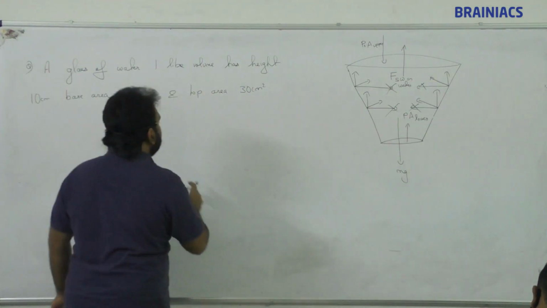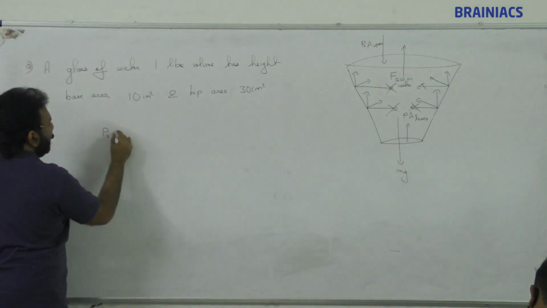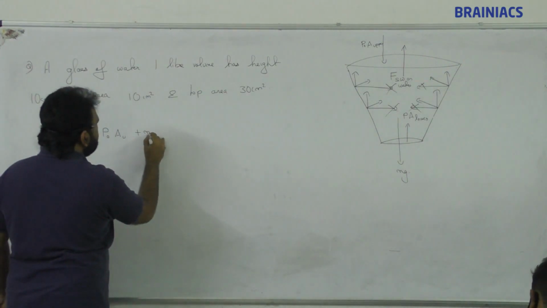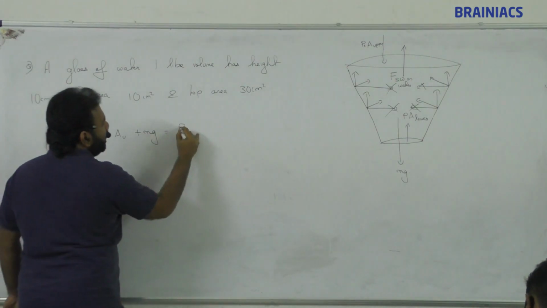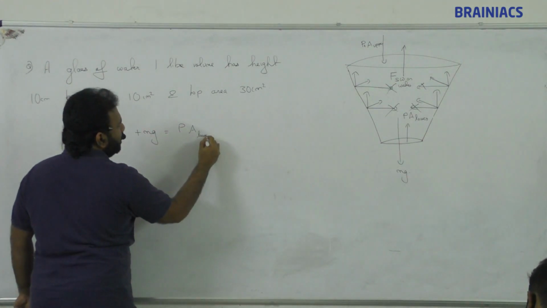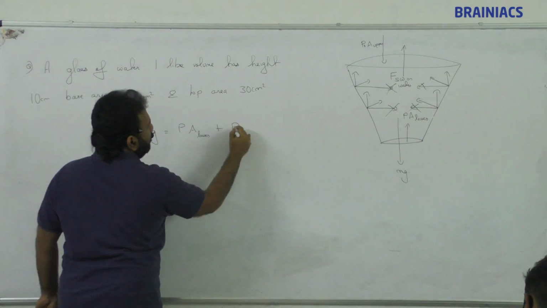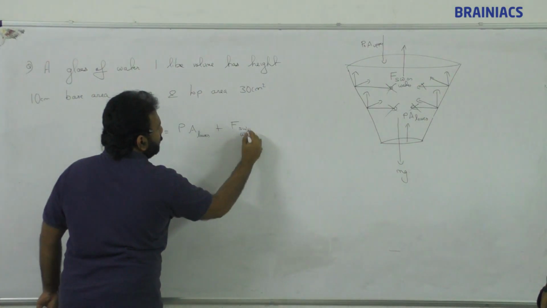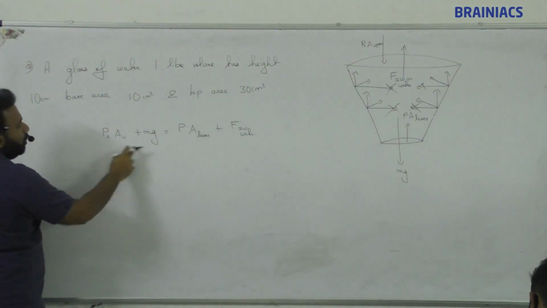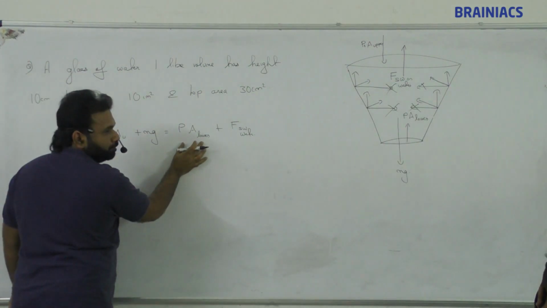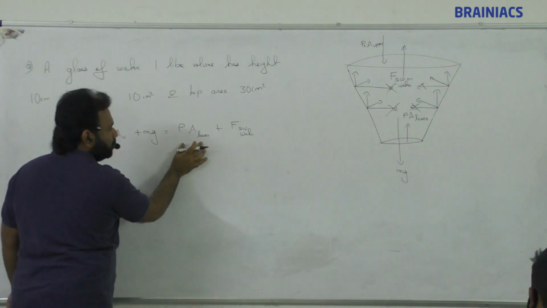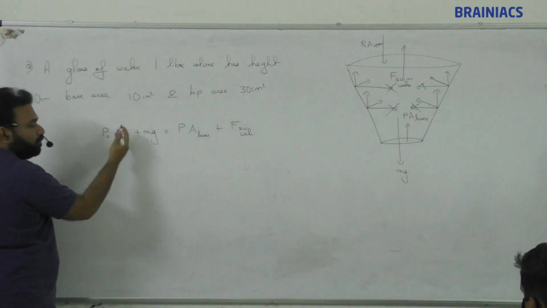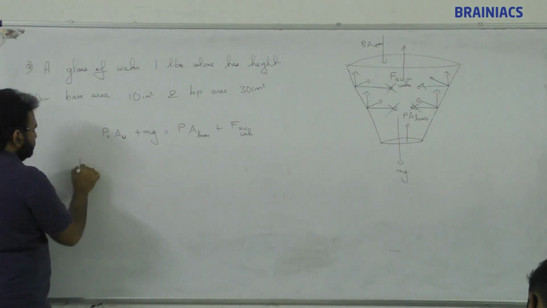Now what we get? P naught A upper plus mg is equal to P into A lower plus force due to side wall on water. What is this force actually? We know mg and P naught A upper also, so find it out.